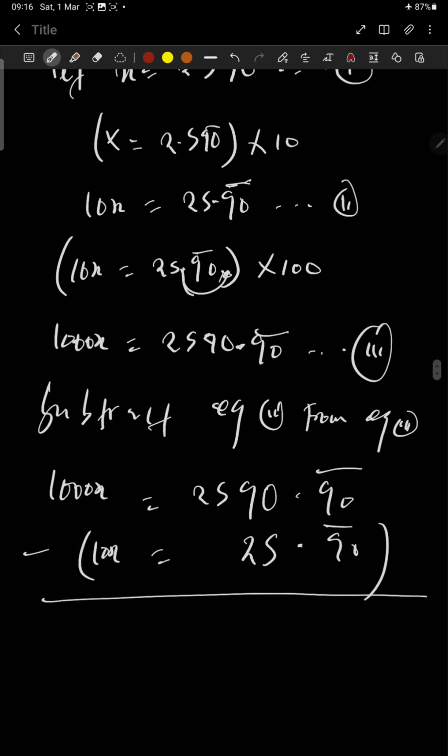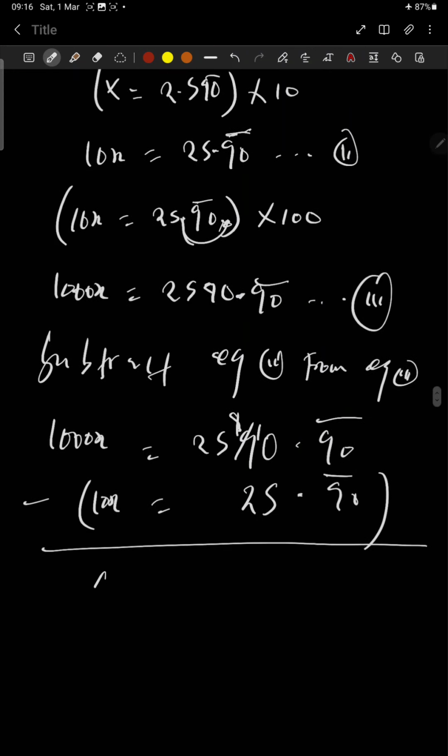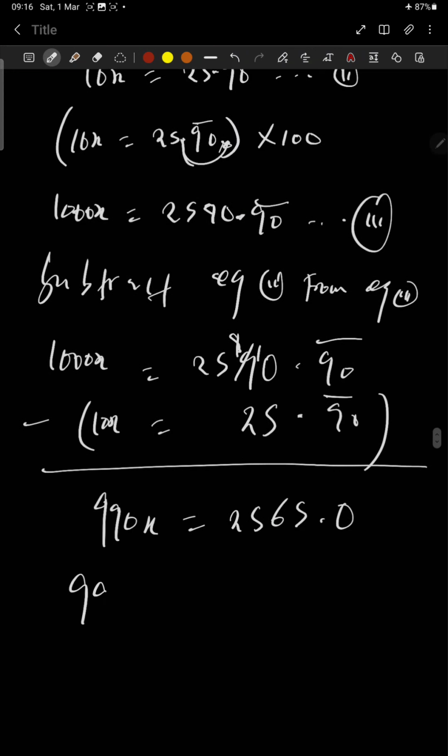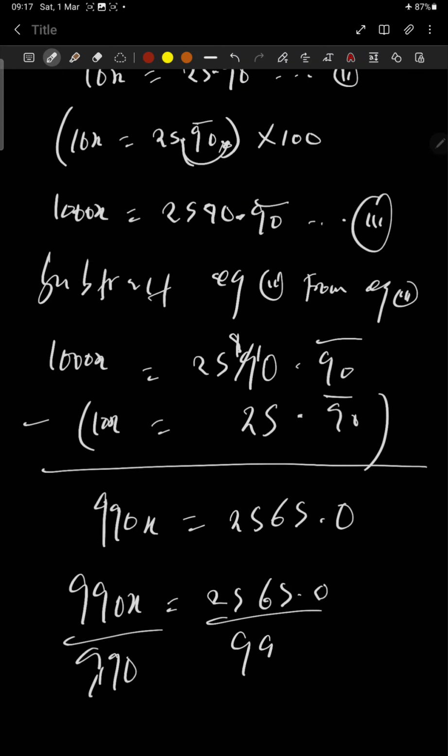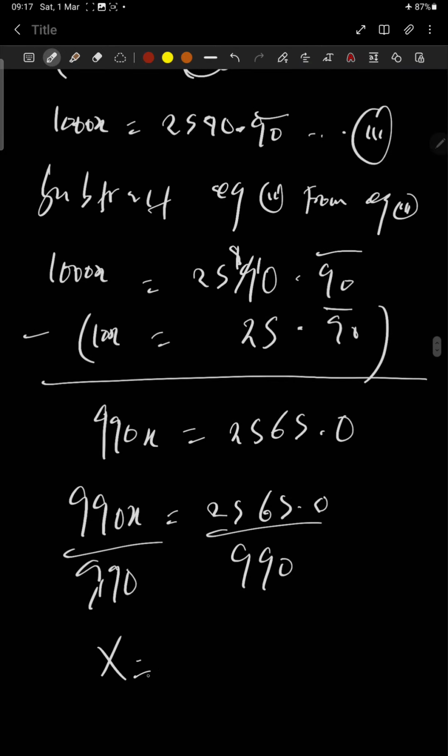I'll subtract, so I'll take 1 from here and give it there, so this remains as 8. So 990x is equal to 2565.0. I'll divide by 990, and our x in simplest form will be 57 over 22.